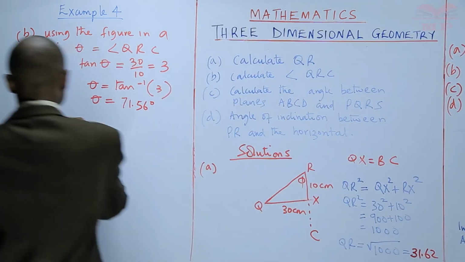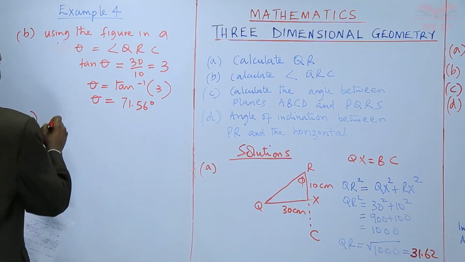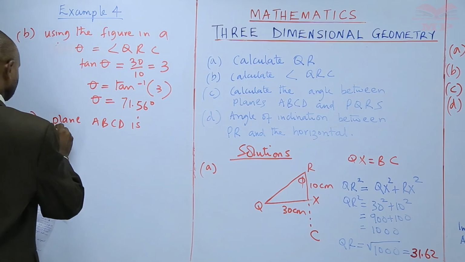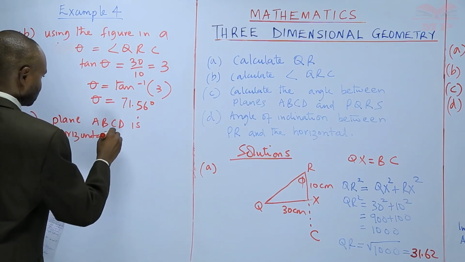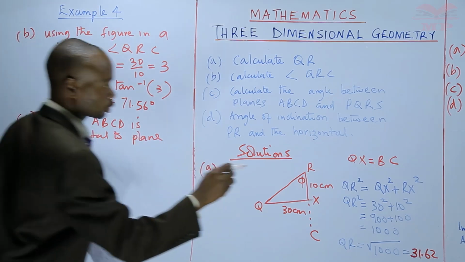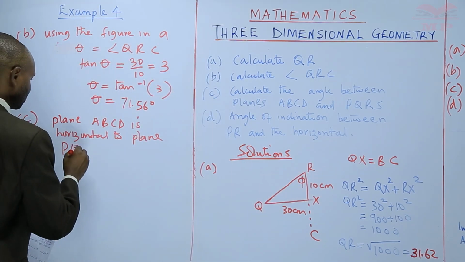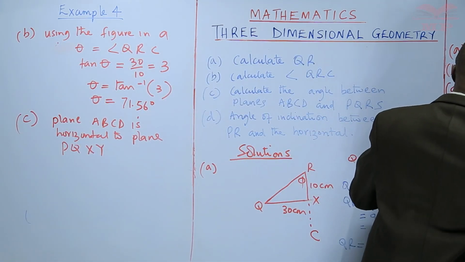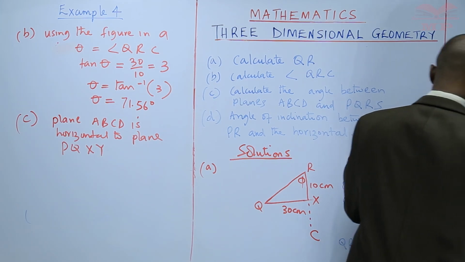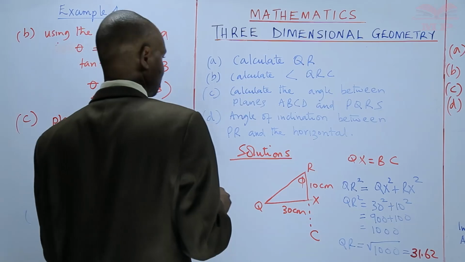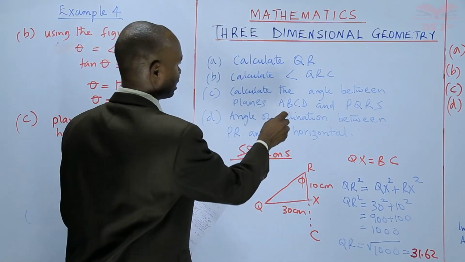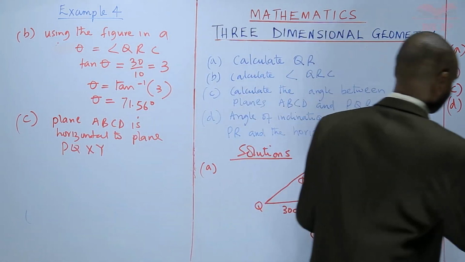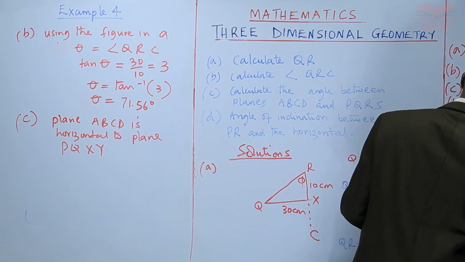So since ABCD is horizontal to PQXY, even if you project it, the angle between ABCD and PQRS will still be the same as this angle.